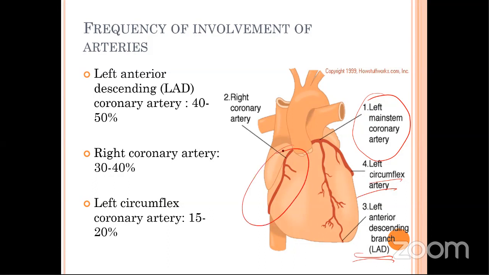If you look at the incidence, the left anterior descending artery is the most commonly involved, in 40 to 50% of cases, followed by the right coronary artery in 30 to 40% of cases, and lastly the circumflex artery in 15 to 20% of cases. This is the frequency of involvement of the arteries in myocardial infarction.